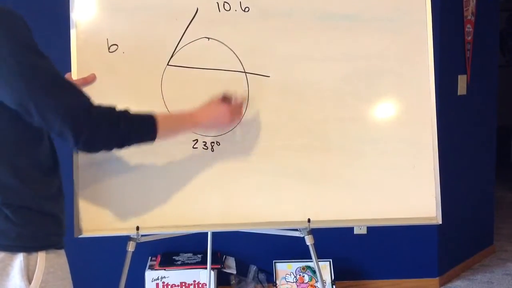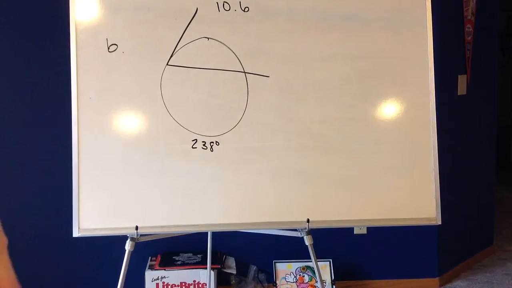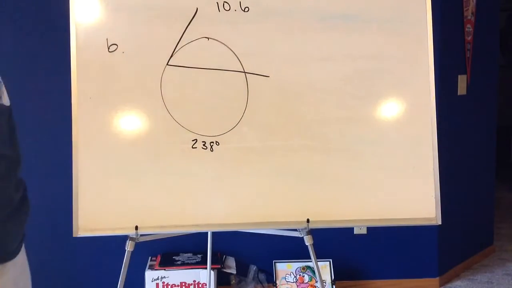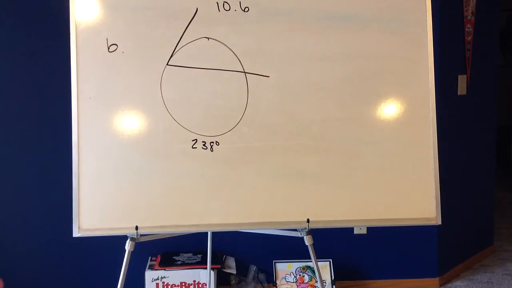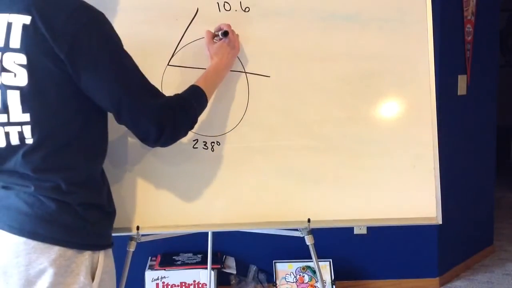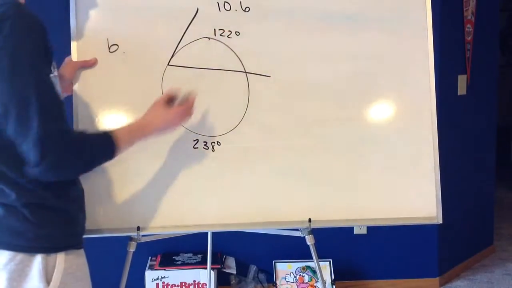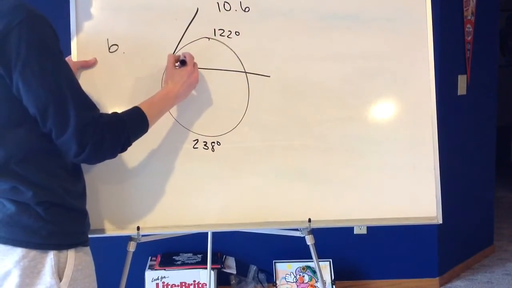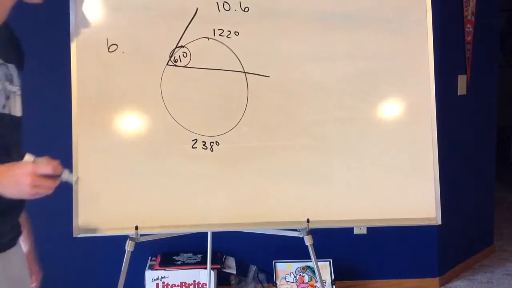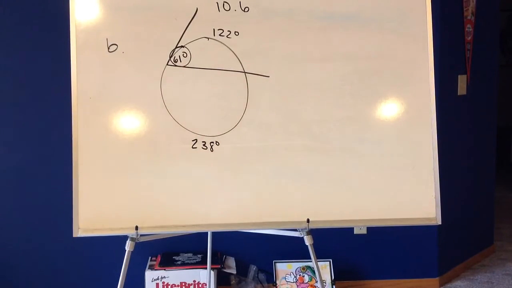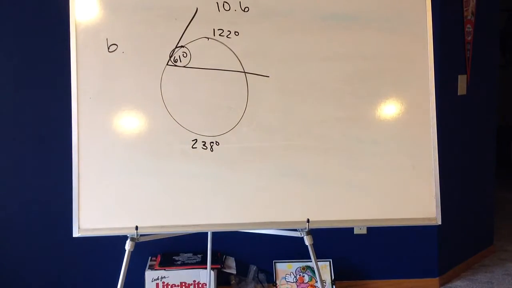Okay, well, if this is 238, then I want to find out what is left over for my arc on top. So I can subtract that from 360, since circles equal 360. I believe that should give you 122 when you do that. And then 1/2 of 122 would give you 61 for your angle measurement. Okay, so again, just working with that half there.